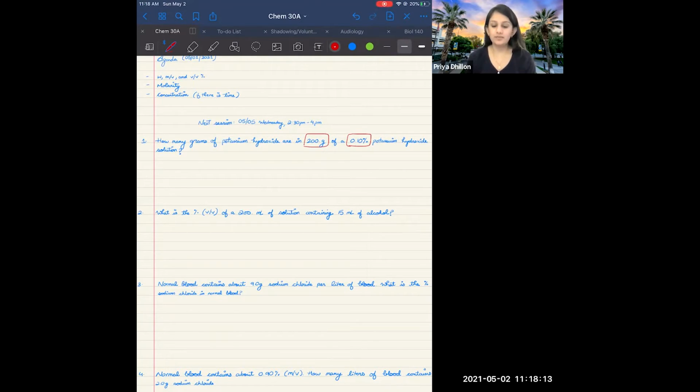So for this problem, we are looking for the grams of potassium hydroxide. So which formula do you guys think we would be using? And the clue is over here.